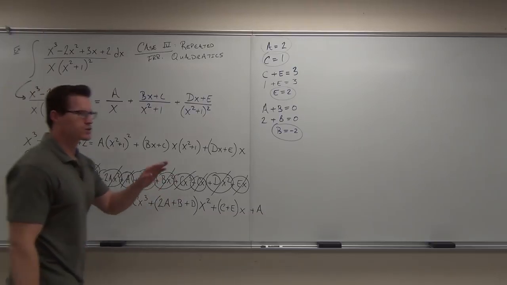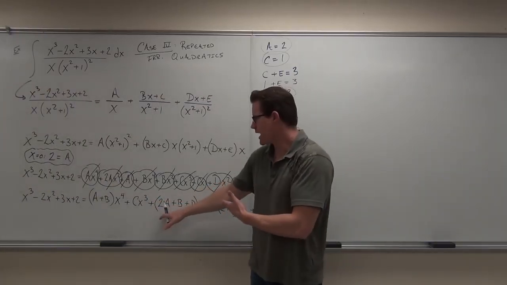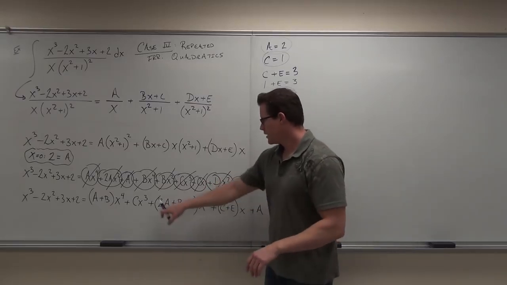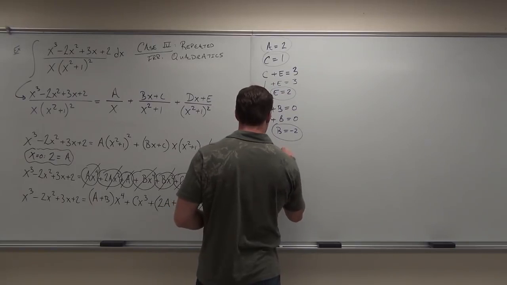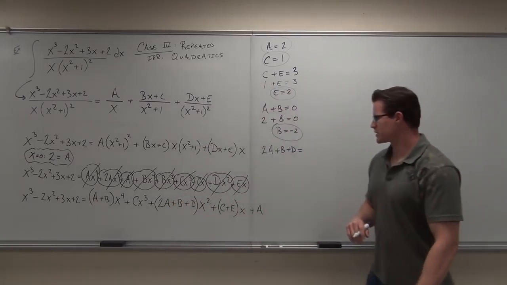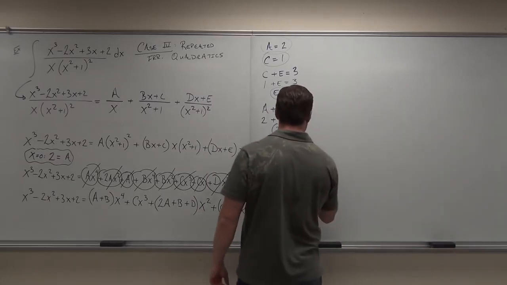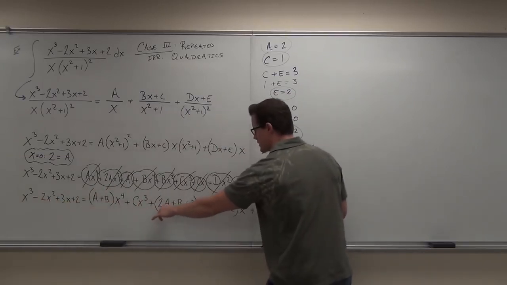One last one. I left the longest one for last, not first, because I wouldn't know how to do it, right? I left this one for last, so I'm doing easy to hard. How much is 2A plus B plus D equal to? Why don't you tell me? 2A plus B. Negative. Perfect. So x squared, coefficient is negative 2, coefficient here is this whole thing.